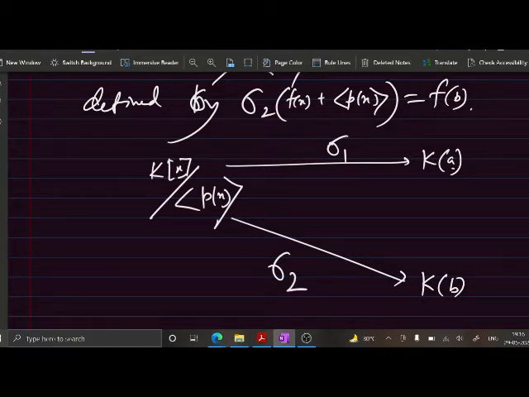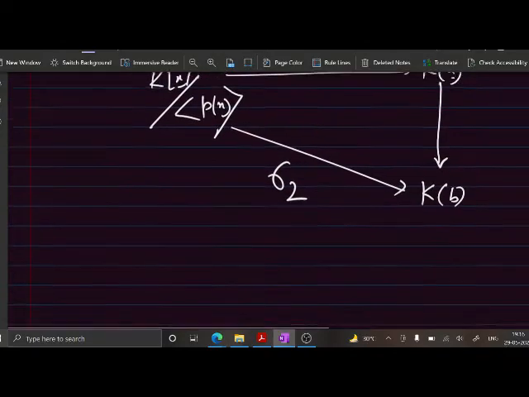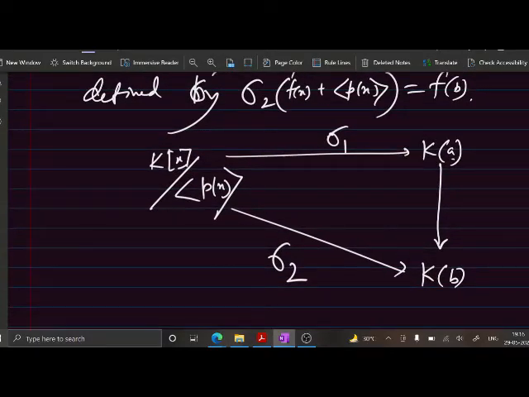So you can define a map from k(a) to k(b), denoted by sigma and defined as sigma 2 composed with sigma 1 inverse.